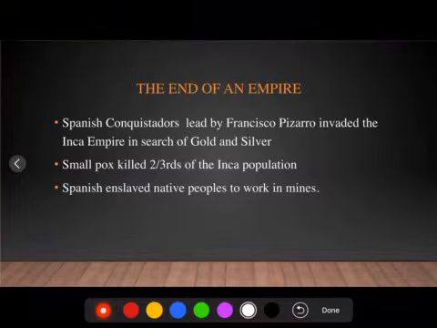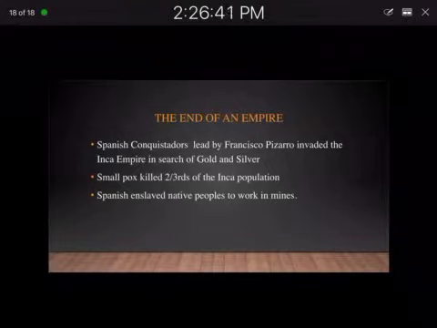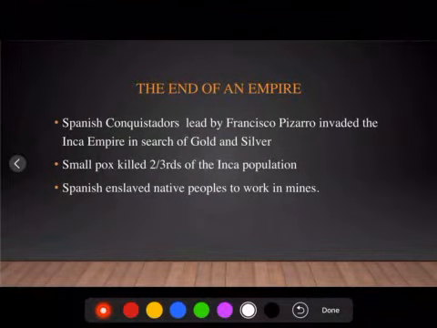But your body naturally creates resistance to these different bacteria. Some strains we don't have resistance to, and it makes us sick. Smallpox was an illness that was only in the Old World. So when they came across the ocean and they had no resistance to it, basically everyone who came in contact with it would get sick.